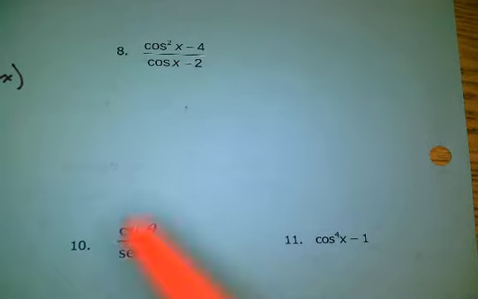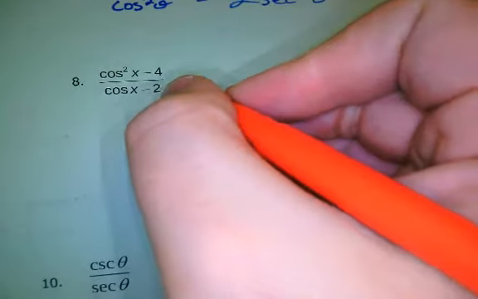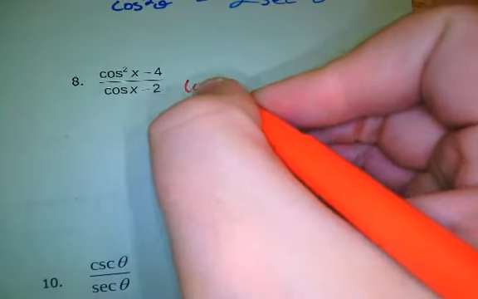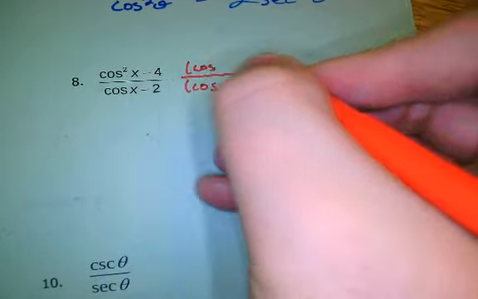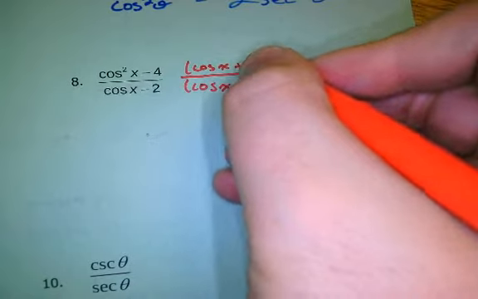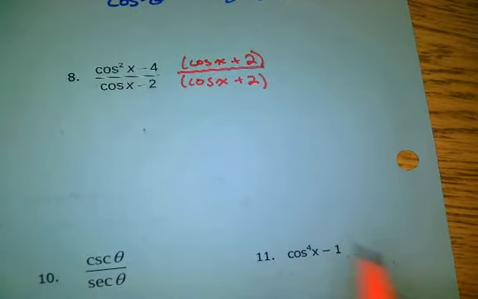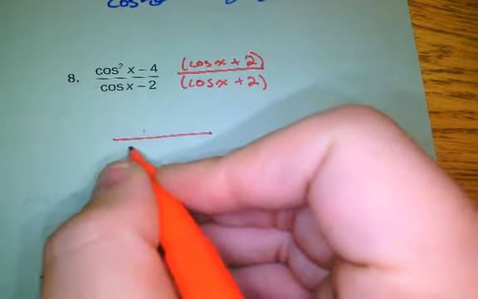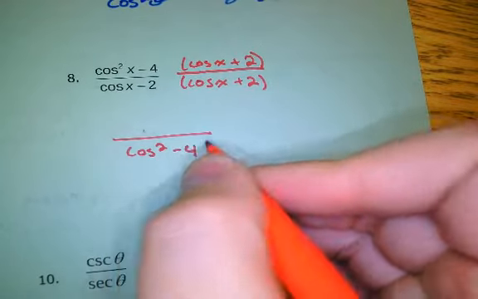What's the conjugate of cosine x plus 2? And so what happens at the bottom now? And again, don't distribute the top.